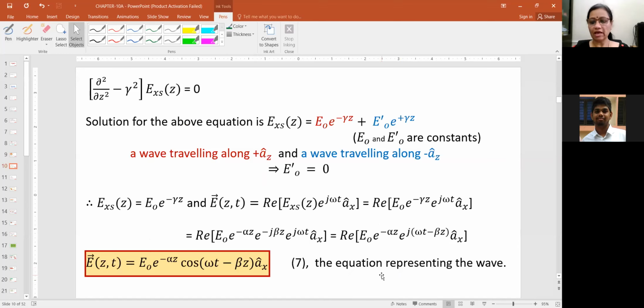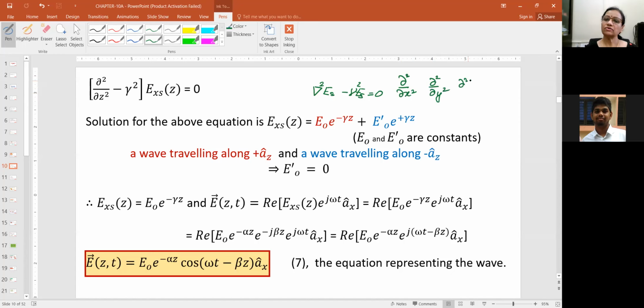When you put it into your Helmholtz equation, normally the Helmholtz equation, you know, is del square Es minus gamma square Es equal to 0. And you know what del square is. Del square is dou square by dou x square plus dou square by dou y square plus dou square by dou z square, right?